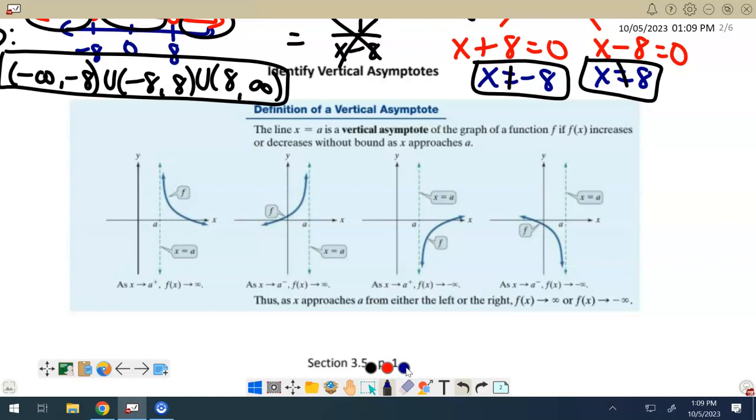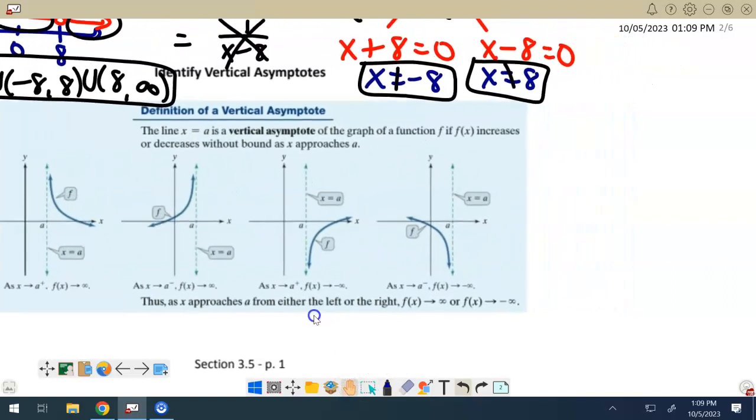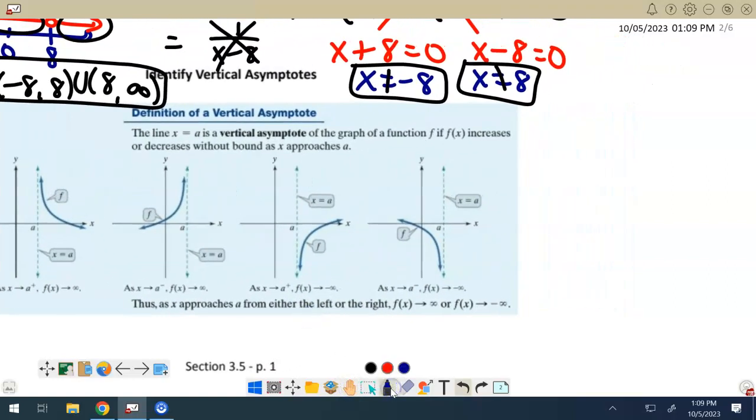So for example, the problem that we just did, oh, I guess that one, because it reduces, it actually behaves a little bit differently. But because we can't plug +8 into that function, and this is x equals 8, right? So if you find 8 on the x-axis, the graph cannot exist here.